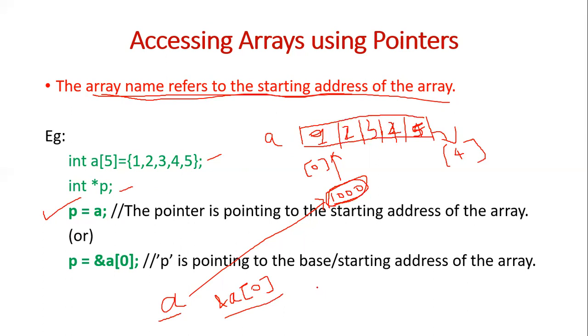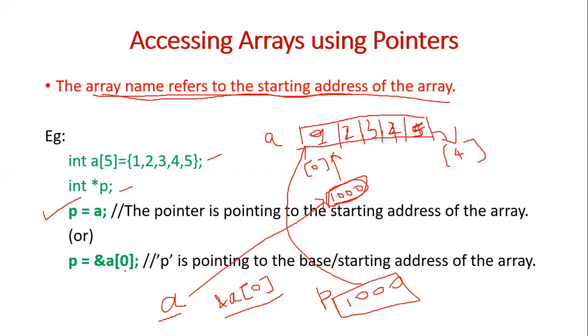As I already told, a refers to the starting address. What is the starting address? 1000. So p will hold the address 1000, which means p is pointing here. Or you can also write p is equal to ampersand a of 0, which means address of a of 0.